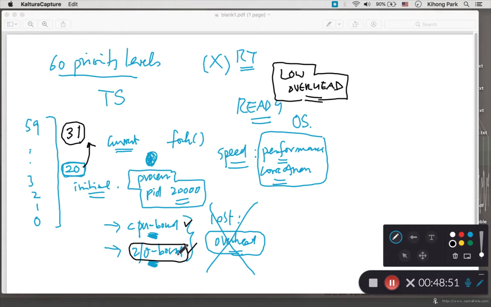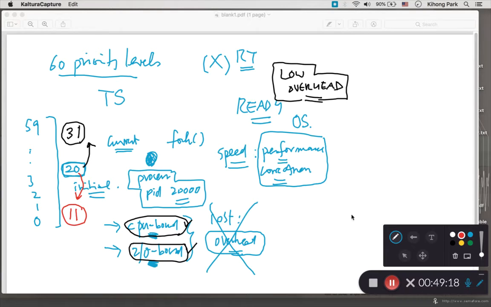On the other hand, if this guy is running but behaves more like a CPU bound guy, then the scheduler of the OS, next time it has a chance, does the opposite. It decreases the priority, suppose from 20 to 11.